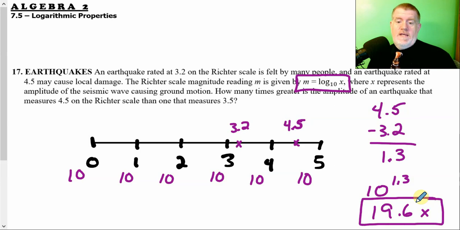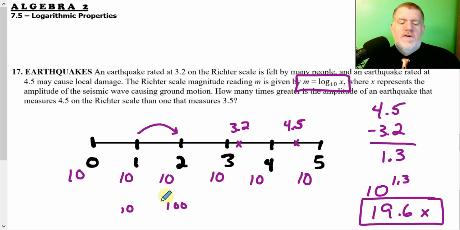So, that's a big deal. So if you go from 10 to the first, which is 10, to 10 squared, which is 100, one magnitude of jump on a Richter scale is 10 times greater. Because this is more than 1, it's more than 10 times greater. That's how Richter scales work. They're based on a logarithmic scale. There are other scales that are involved with that too, but that's the one we're going to look at for now.